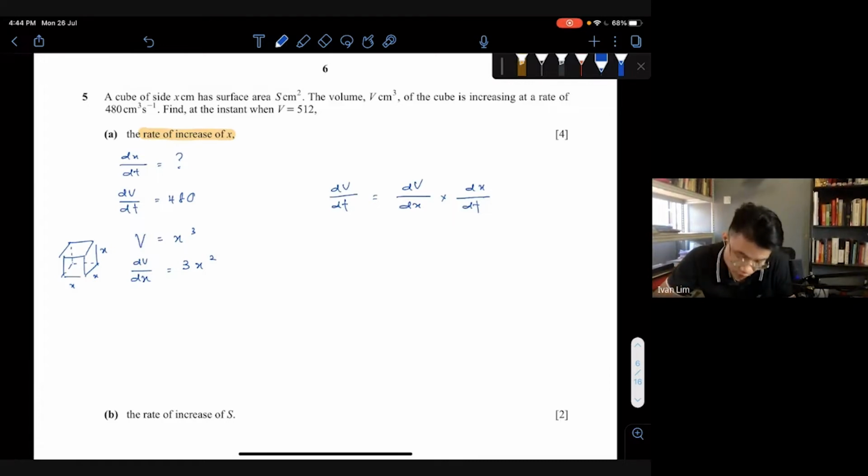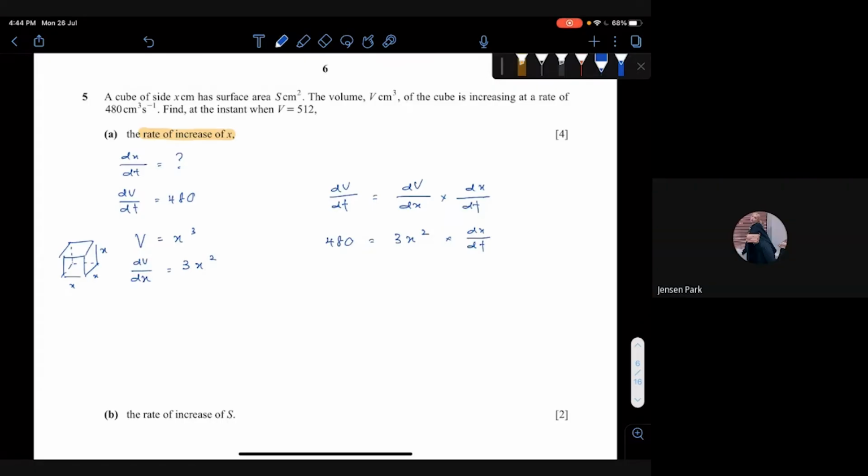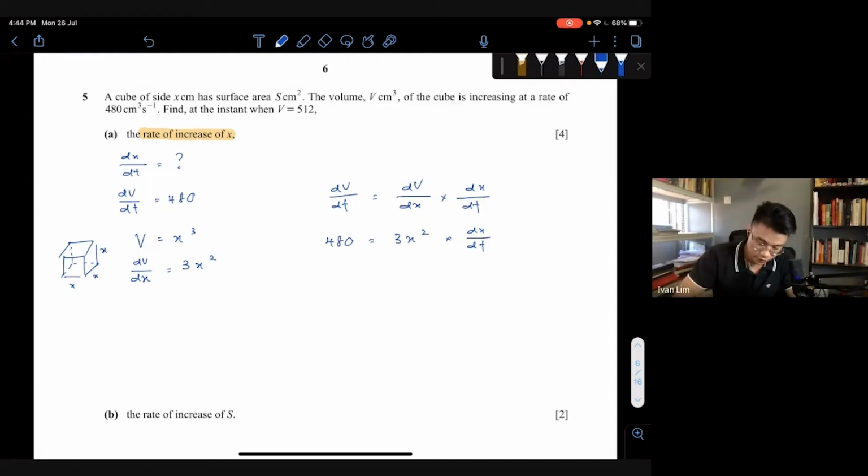If you write into the equation, something is missing here. You have 3x squared, you have 480 equals dv over dx times dx over dt. What else do we need to find here? We need to find x first. How can we find x? By taking the cube root of 512, since 512 is your v.